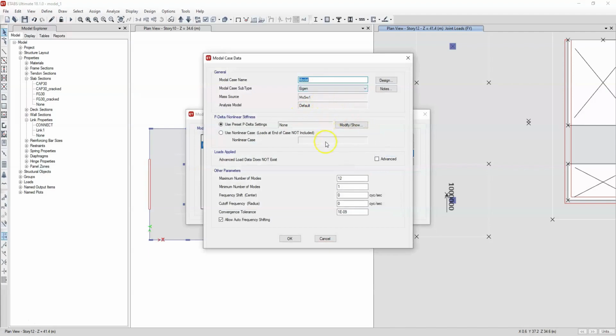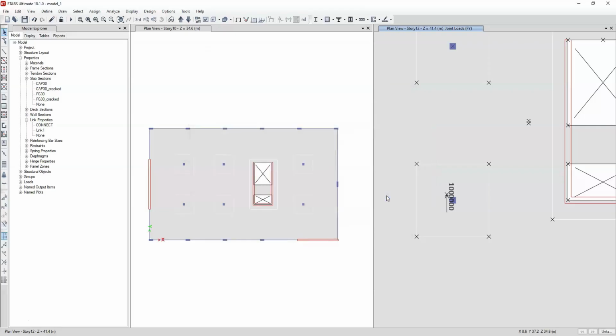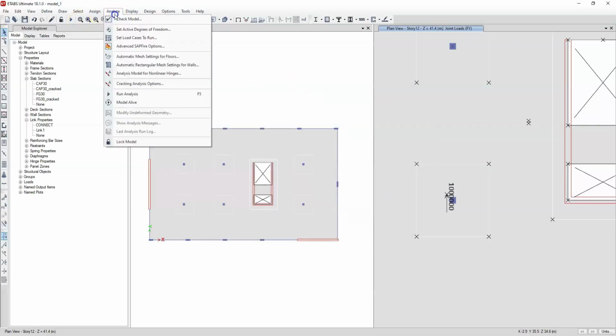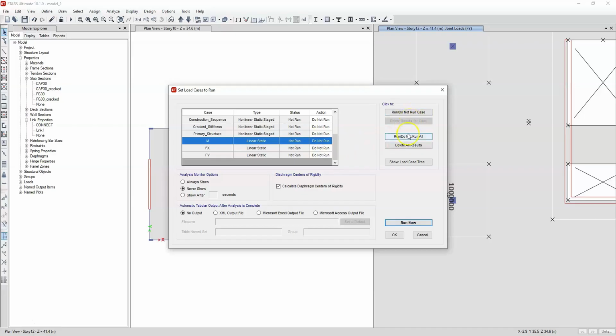Here we can make the change in the modal analysis. At this moment we have well defined the necessary elements to calculate the tables that will give us access to the stiffnesses and the displacements of the centers of mass. And we are going to run the model.